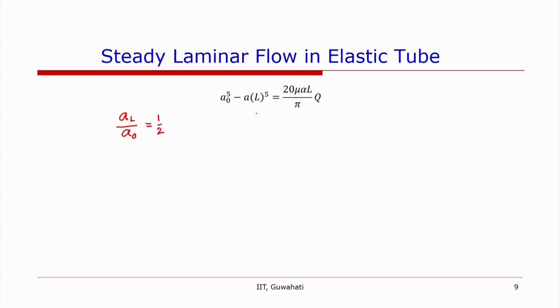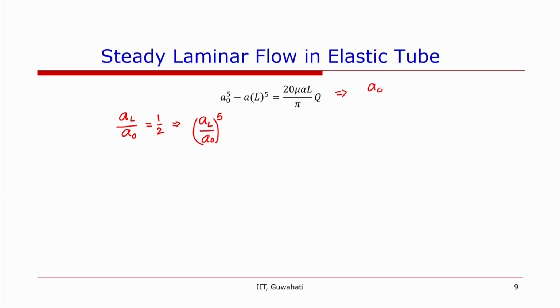So if we look at this, and AL by A naught, then AL by A naught to the power 5. We can just write this in terms of the ratios probably.